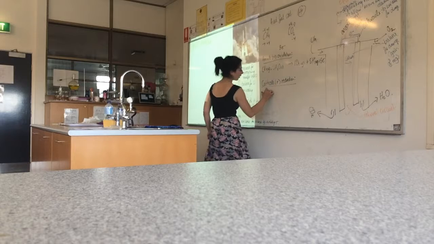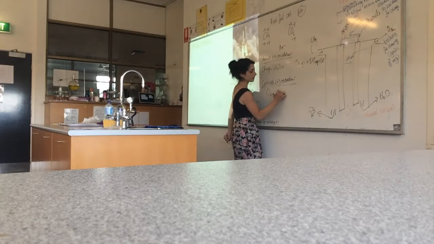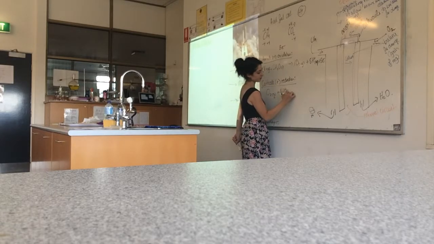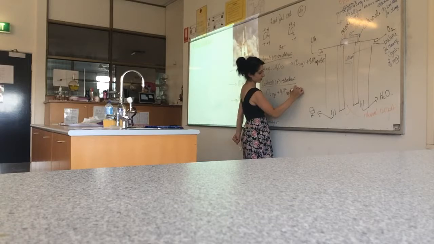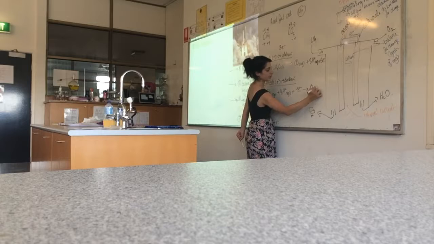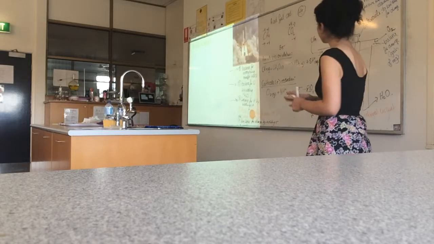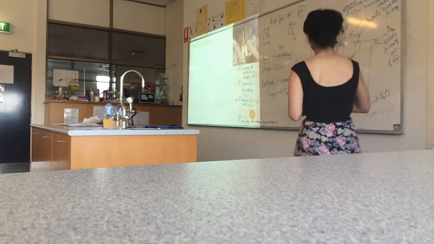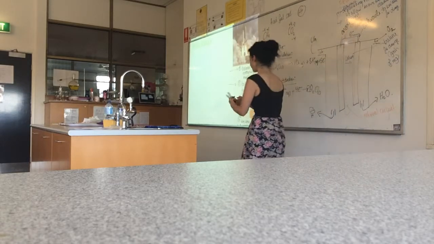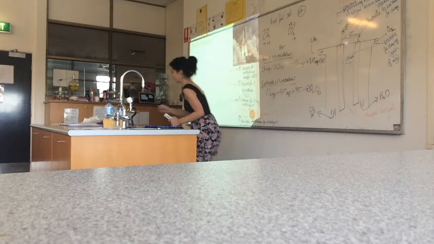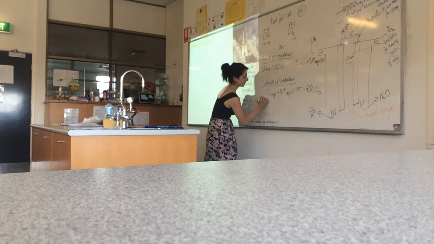Okay, so the cathode one, guys, did we have O2 gas plus 4H plus, I just know this reaction now, plus 4 electrons produces 2H2O? Do we have that? Yes or no? Good. Okay, so importantly, give me a full equation.